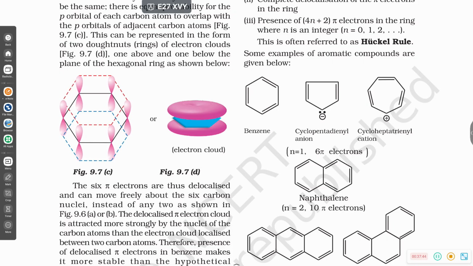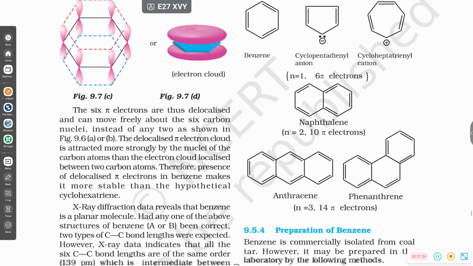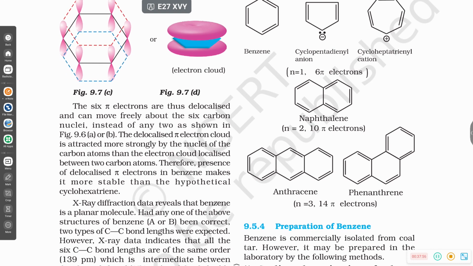Understood what I mean? So the 6 pi electrons can move freely about the 6 carbons instead of being localized between 2. So the pi electron cloud is attracted strongly by the nuclei of the carbon atoms. Therefore, the presence of delocalized pi electrons makes benzene more stable than the hypothetical cyclohexatriene.